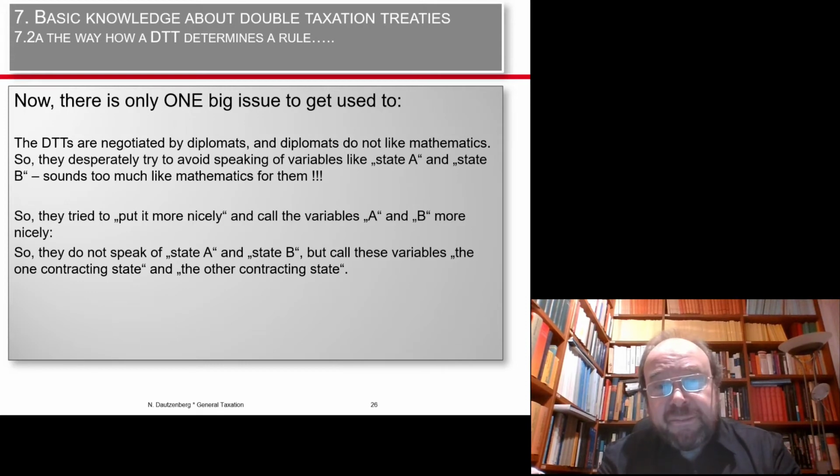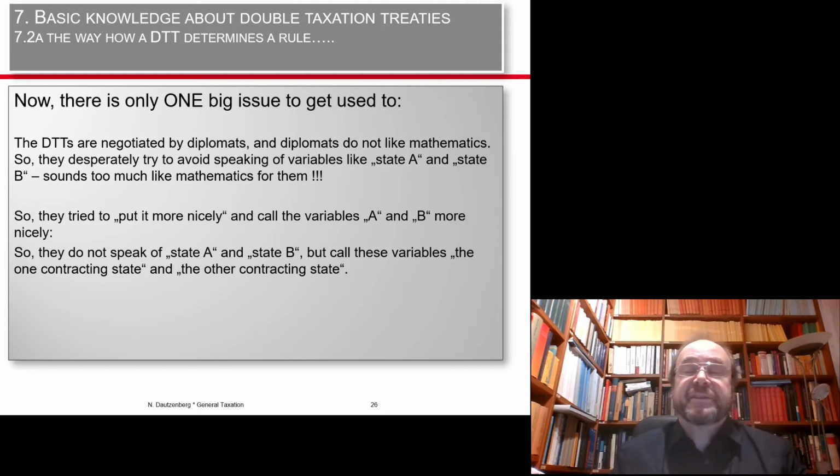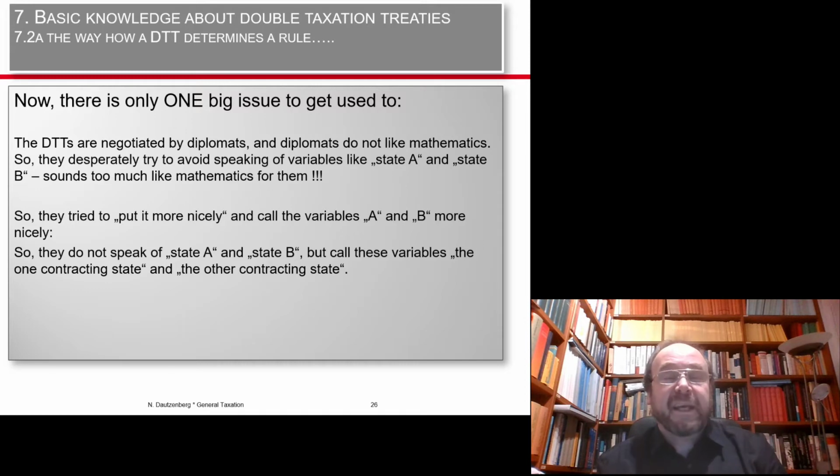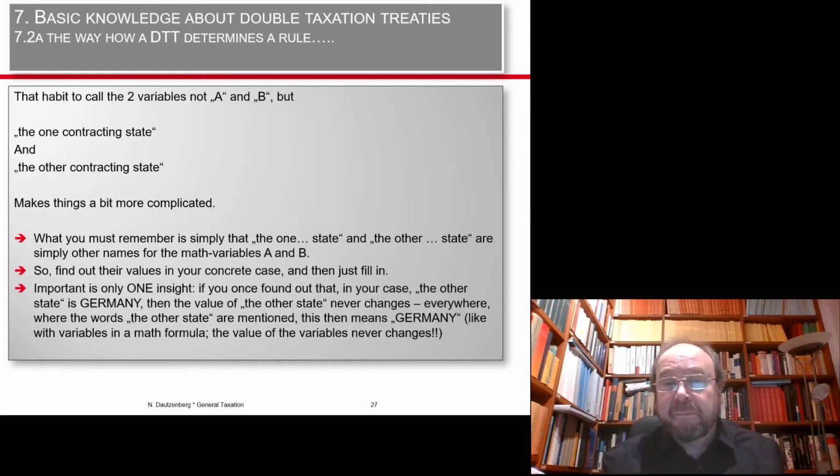Due to this, they tried to avoid the expression State A and State B and gave other names to the variables which they thought make the thing more nice. So State A was called by them the one contracting state, and State B the other contracting state.